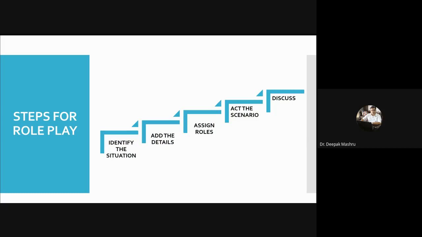In the remaining time, the other group members, other students, will note down the points, and at the time of feedback they will be asked to share it. This would be the flow, the way we will carry on our lab session specifically for role play.